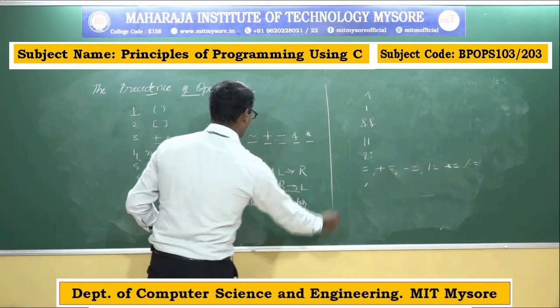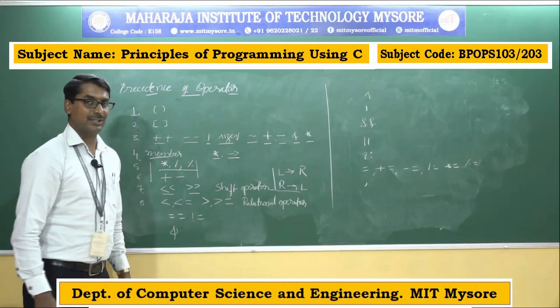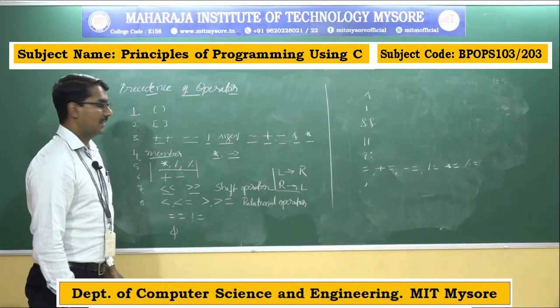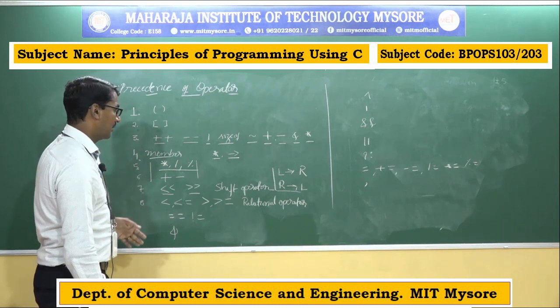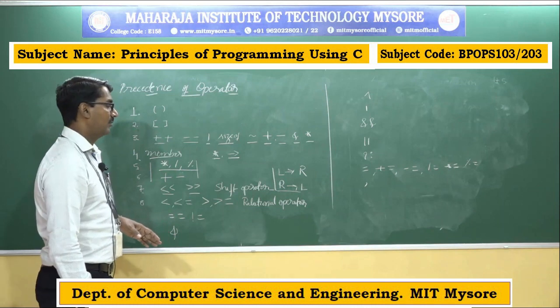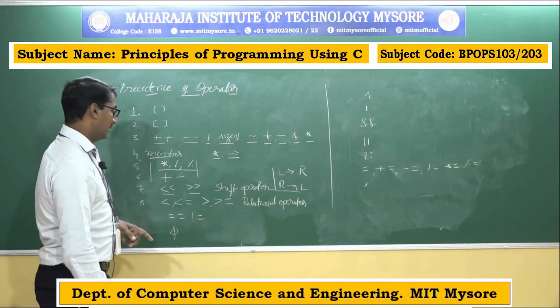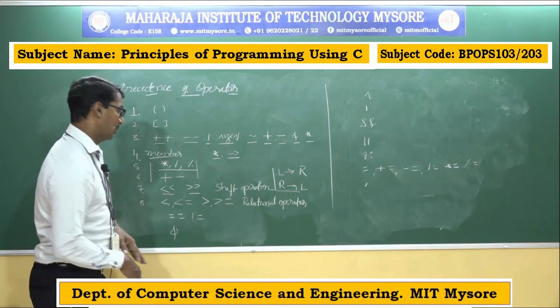There are two types of associativity in C programming: left to right and right to left. Arithmetic operators, relation operators, logical operators, and increment and decrement operators are all evaluated from left to right. The assignment operators are evaluated from right to left.